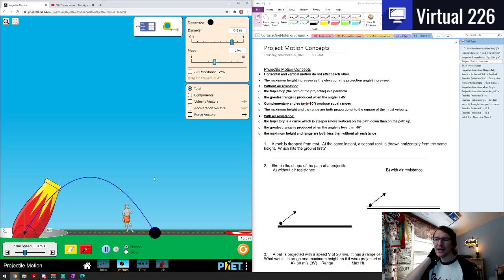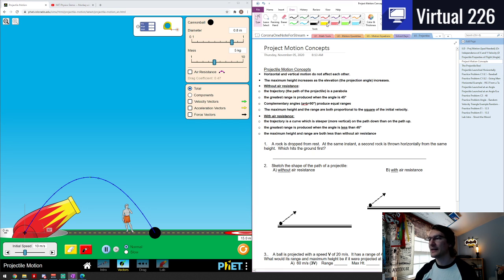Now there are some other interesting things we're going to see here. If we are sitting at 60 degrees, and we shoot at another angle, we can actually hit the exact same spot. That angle is the complementary angle to 60 degrees. By complementary angle, we mean that 60 plus this other angle equals 90 degrees.